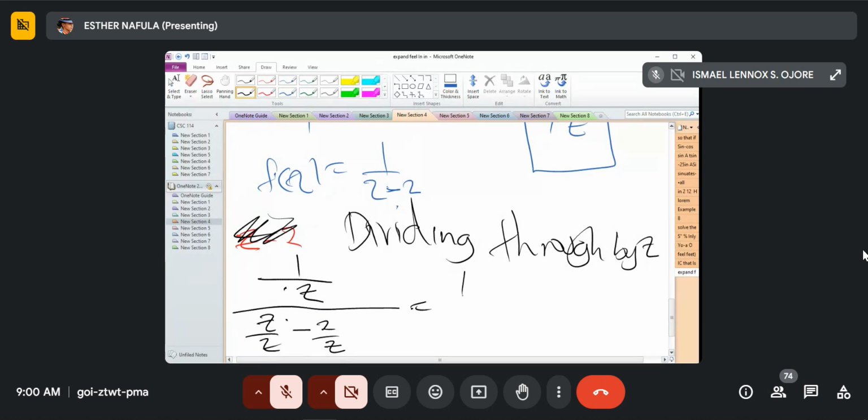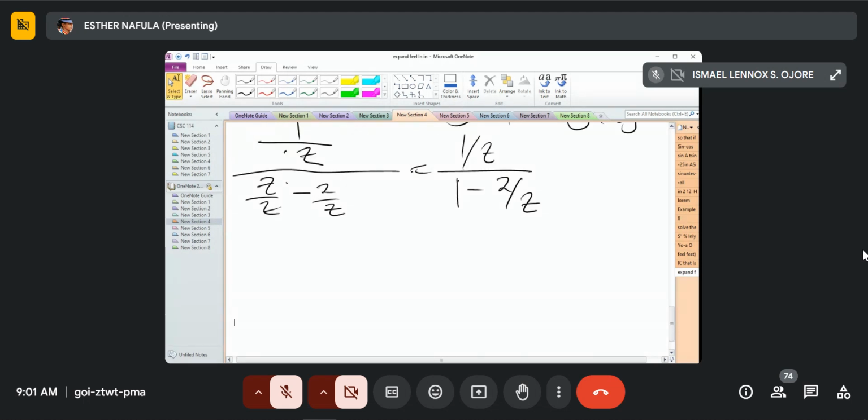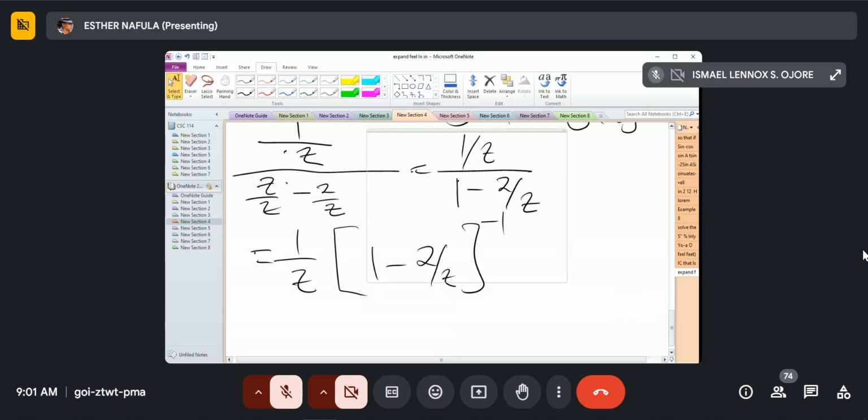So this is 1 over z divided by 1 minus 2 over z. Is it in the right form? It is. It's a 1 minus something, right? So this is 1 over z into 1 minus 2 over z raised to negative 1. You can apply the binomial expansion for 1 minus z.